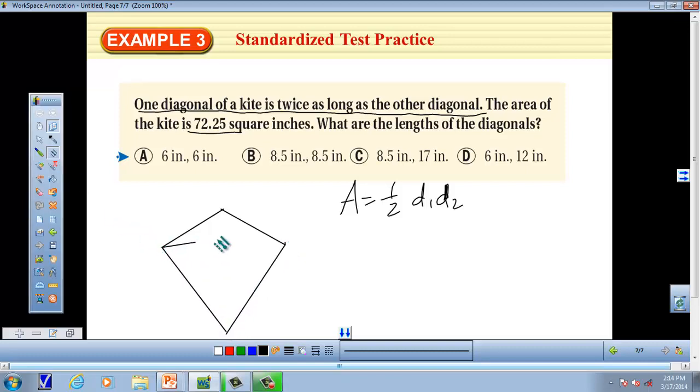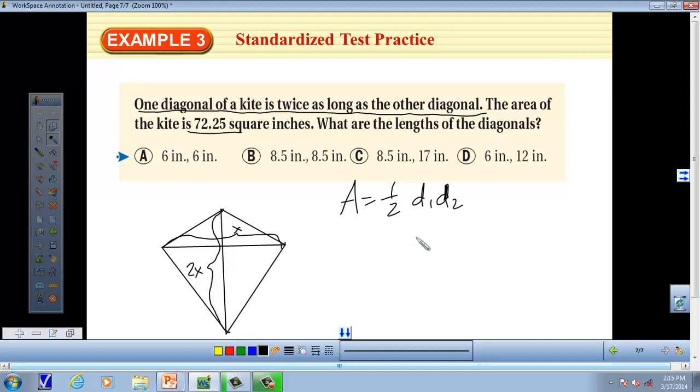If I was to draw it, here's one of the diagonals, here's the other diagonal, and if we call this diagonal right here x, then this diagonal has to be 2x. So if we rewrite this, we know that this side is 1/2.